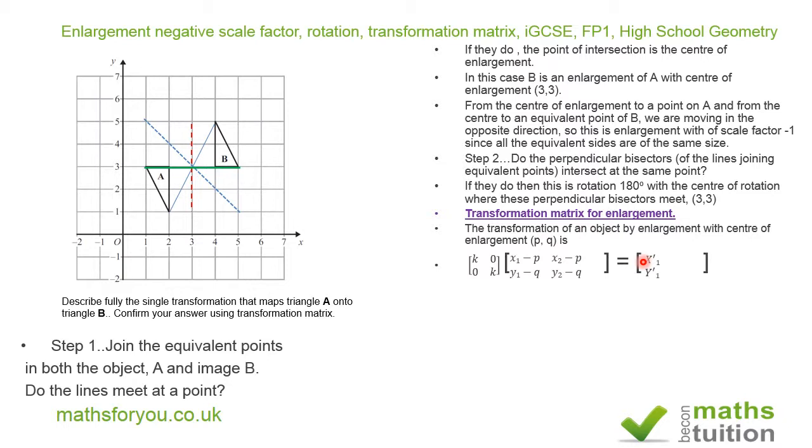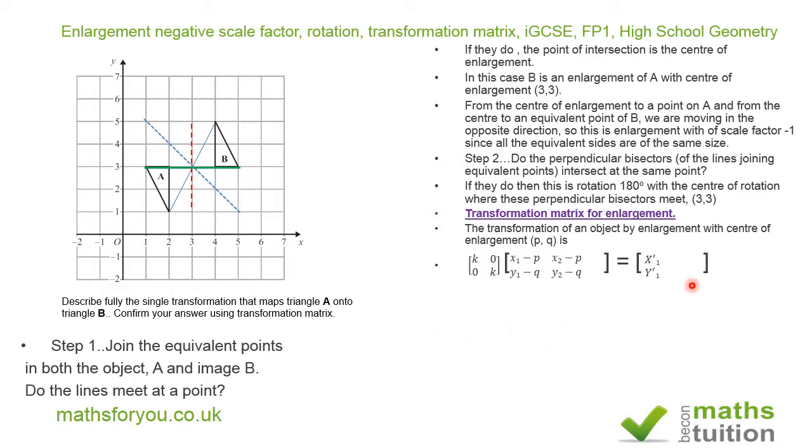you end up with capital X prime sub 1 and capital Y prime sub 1. You do the same thing for capital X prime sub 2 and capital Y prime sub 2. And then for the third point, we have capital X prime sub 3 and capital Y prime sub 3.